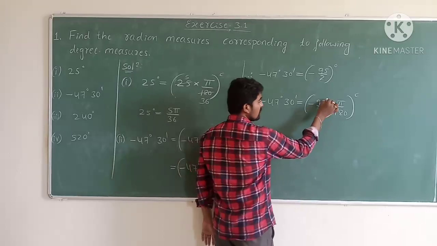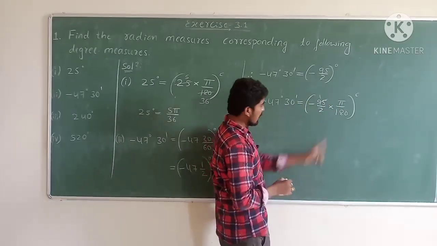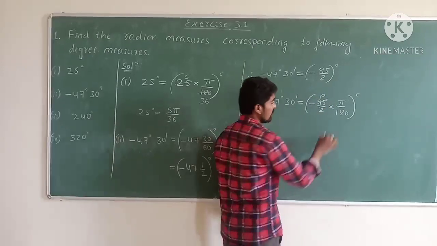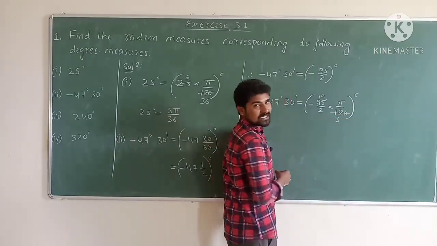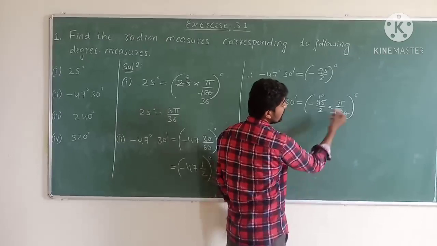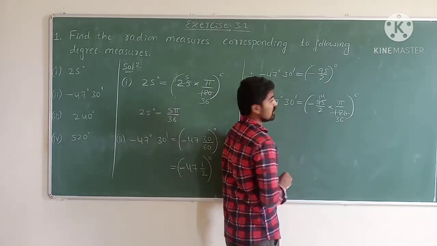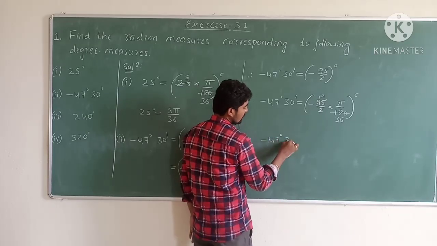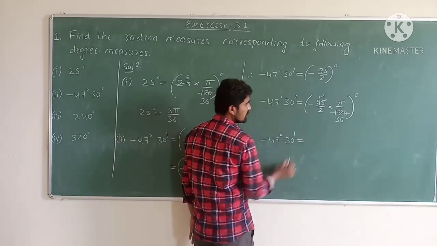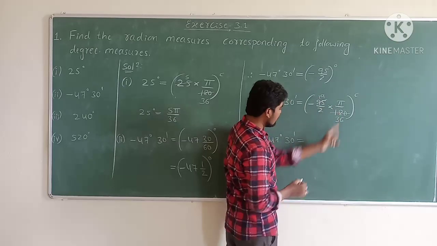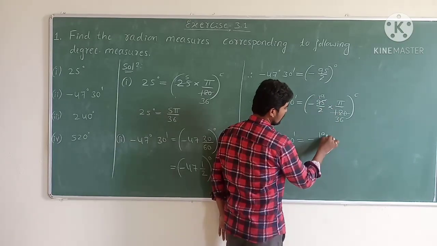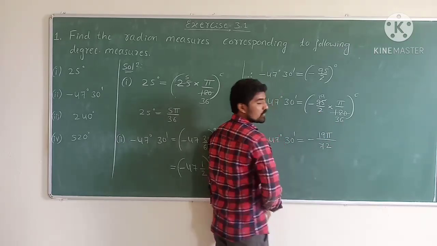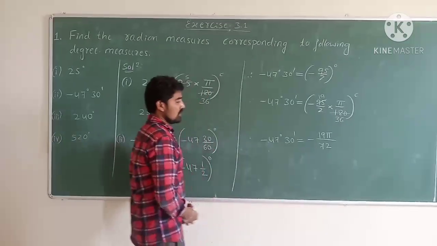Now 5 ones are 5, 5 9s are 45. Here 5 3s are 15, remaining 6, remaining 3, 5 6s are 30. Therefore minus 47 degrees 30 minutes is equal to minus 19 pi divided by 36 into 2, that is 72 radians. I hope all of you understood.